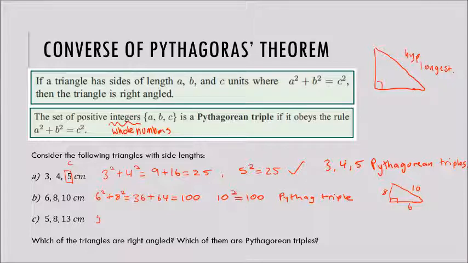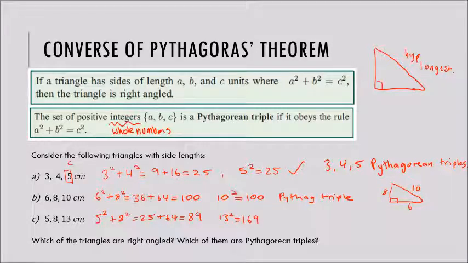So we have 5 squared plus 8 squared is equal to 25 plus 64, and that is equal to 89. Now, 13 squared is 169.